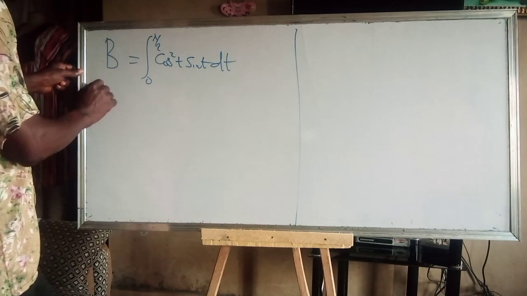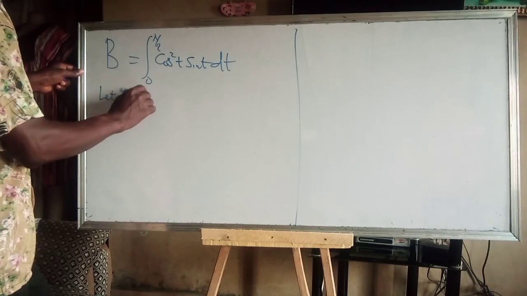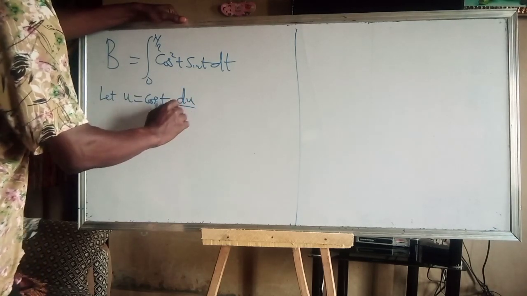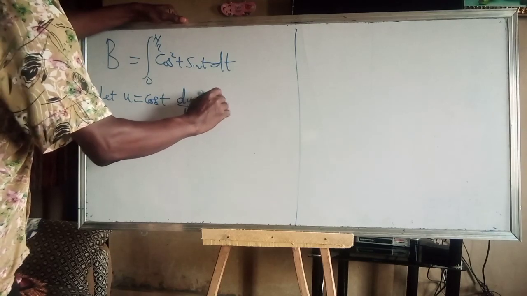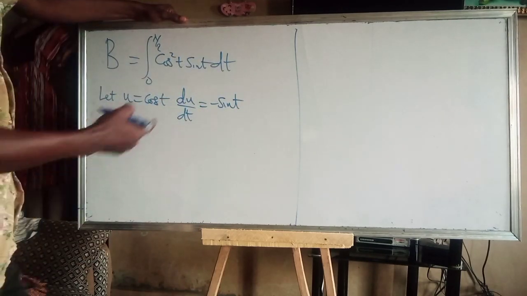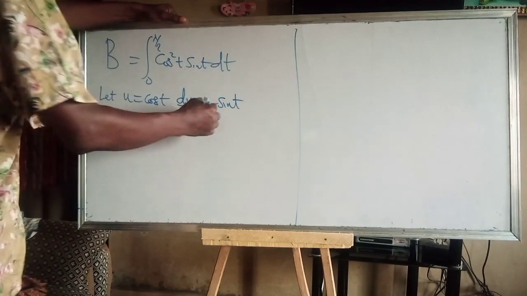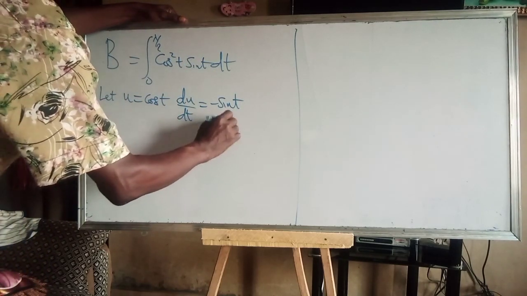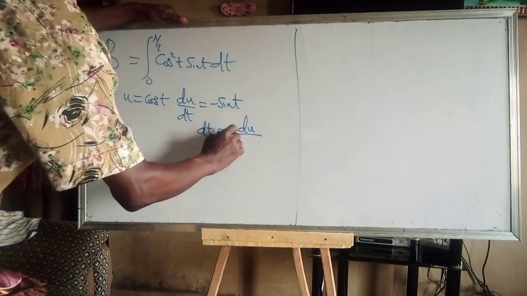So let u be equal to cos t. So du/dt will be equal to minus sine t. Now to replace this dt, we can have what? That means dt will be equal to minus du all over sine t.